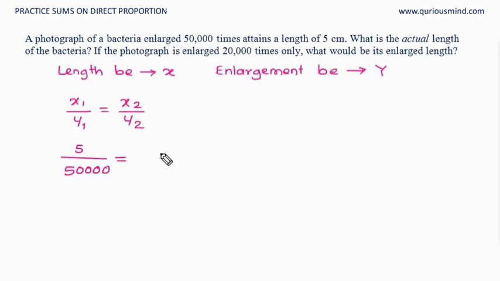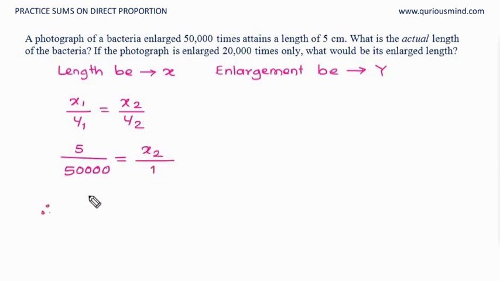Actual length we don't know, so we'll keep it X2. And what should be the enlargement when we want to know the actual length? It should be 1 time. It should not be enlarged at all. So that is going to give us the actual length.